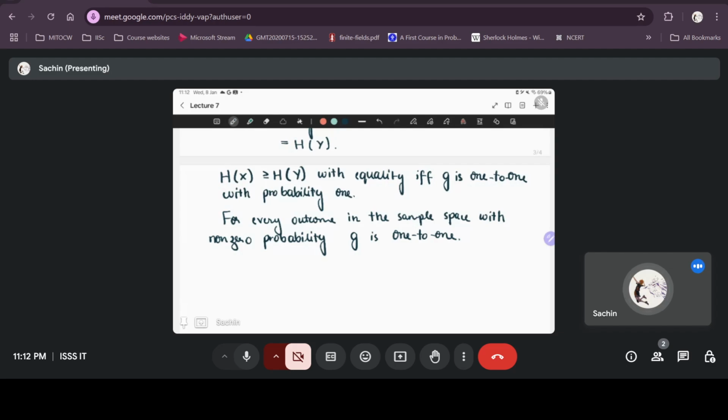For those outcomes, if the function g is 1 to 1, that is, the value of random variable x has a 1 to 1 correspondence with the values of random variable y, then we say g is 1 to 1 with probability 1, and only in that case h of x is equal to h of y.